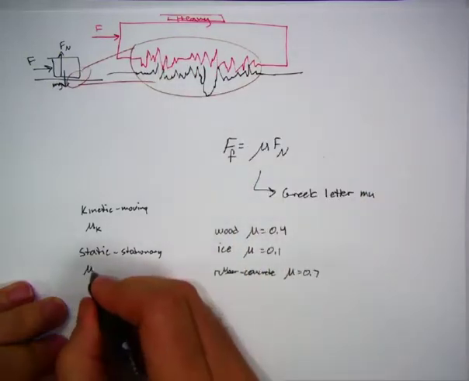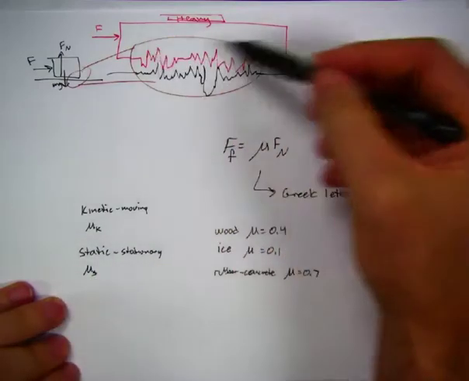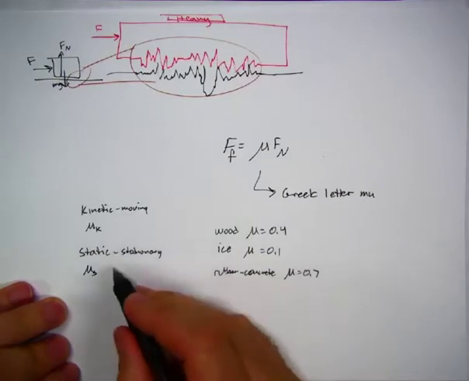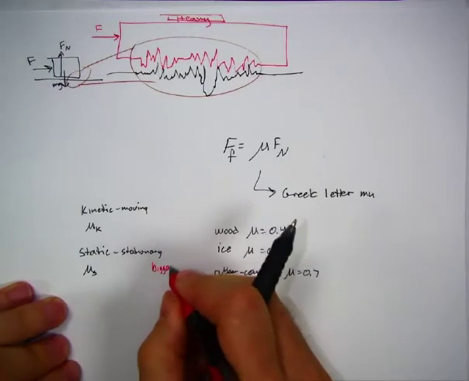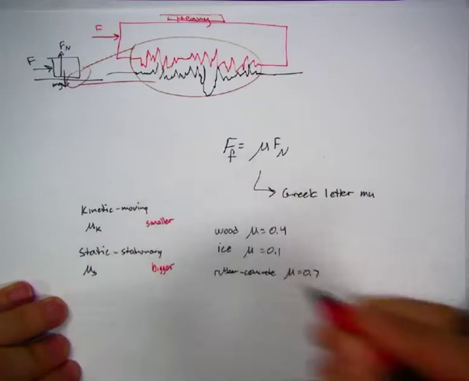So we're going to have mu s, or mu static. And you can tell that since things are moving, it can bounce along the top. We'll probably be able to say that mu static is always going to be bigger, and mu kinetic is always going to be smaller for a given material.